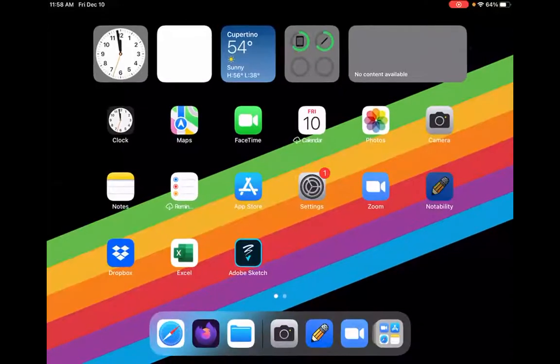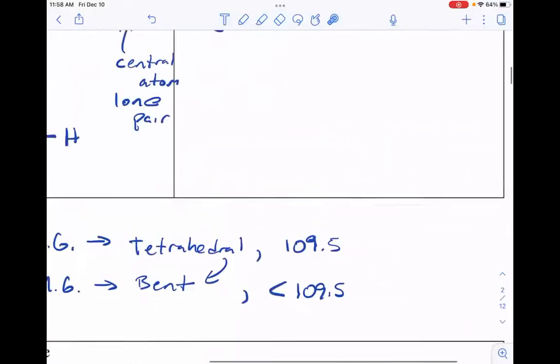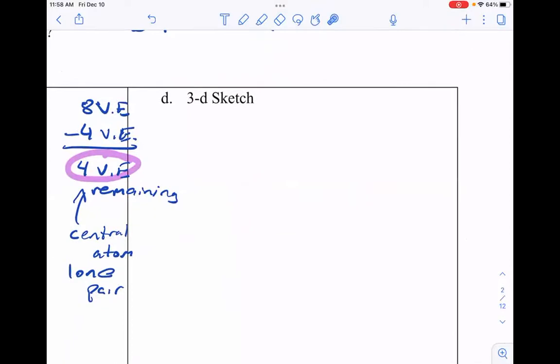then my three-dimensional perspective, or my 3D sketch, would be hydrogen is going to have a wedged covalent bond, and then the other hydrogen is going to have a dashed bond, and then that's all I need to depict.